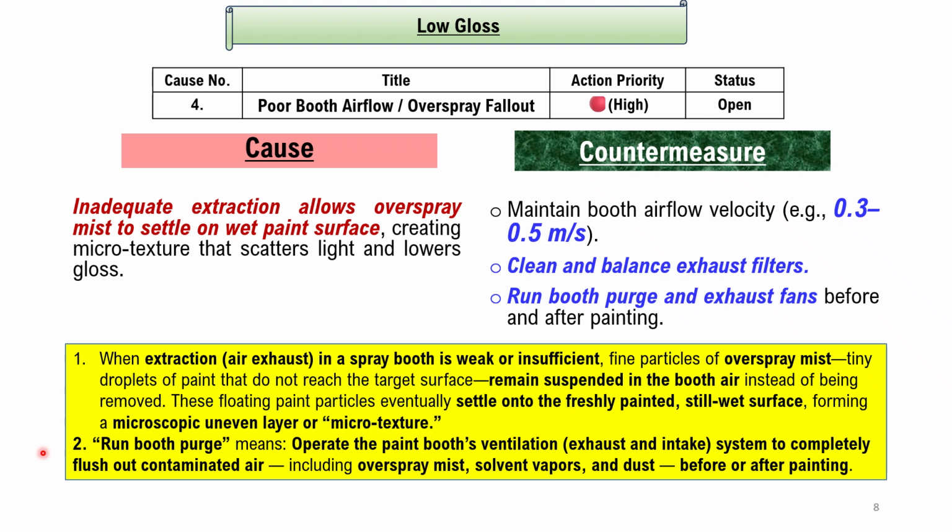Number two, run booth purge means operate the paint booth's ventilation, that is, exhaust and intake system, to completely flush out contaminated air, including overspray mist, solvent vapors, and dust, before and after painting.